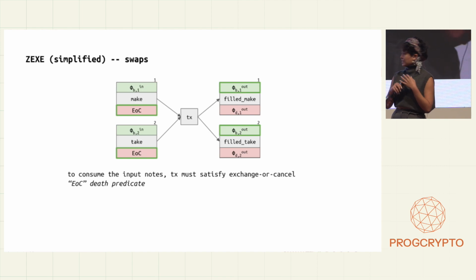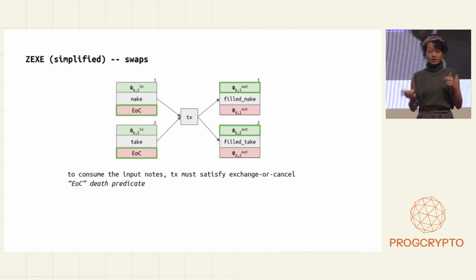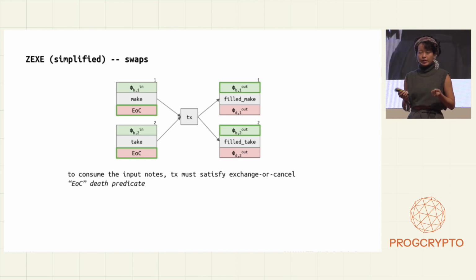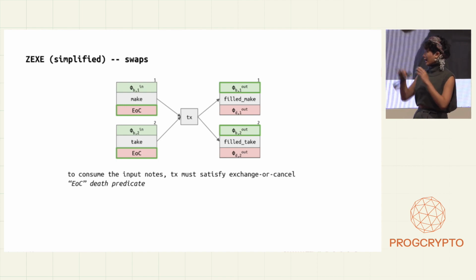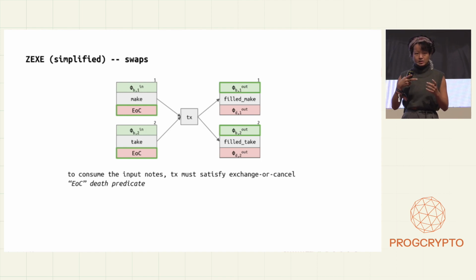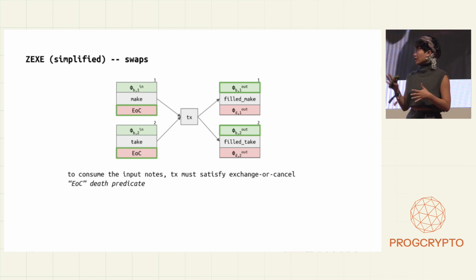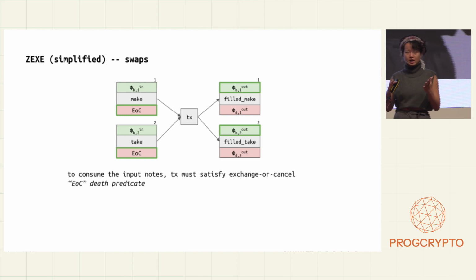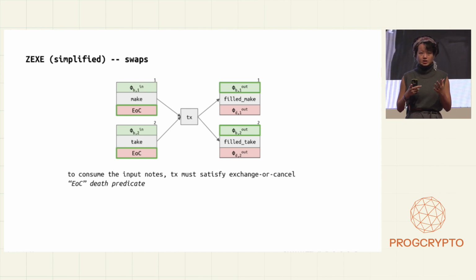So in Zaxi, this is called the exchange or cancel predicate. Exchange meaning the success case in which the outputs are actually just the swapped version of the inputs, and cancel meaning the failure case in which there was no successful match and there should have been no change in ownership of the assets.